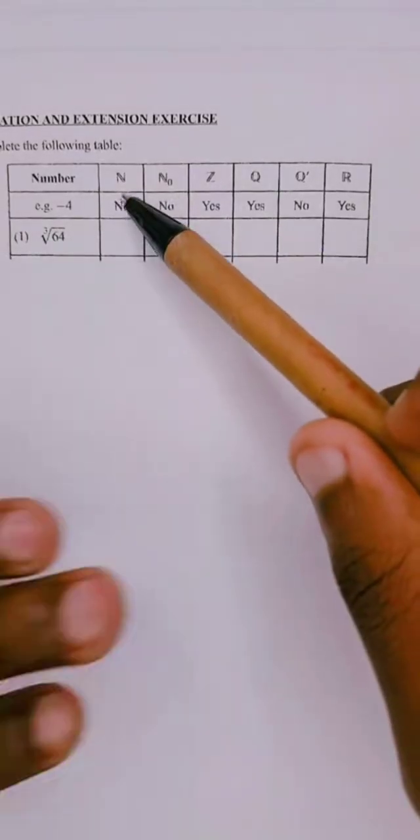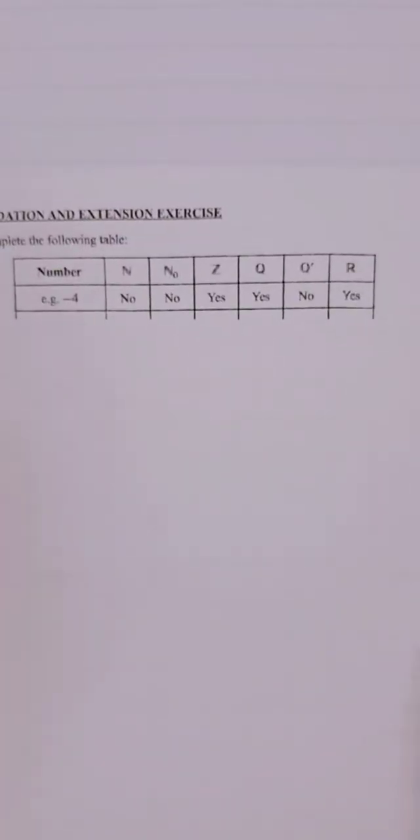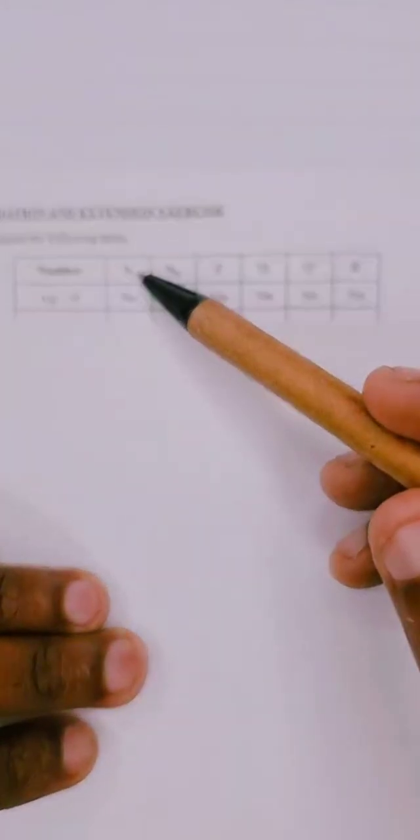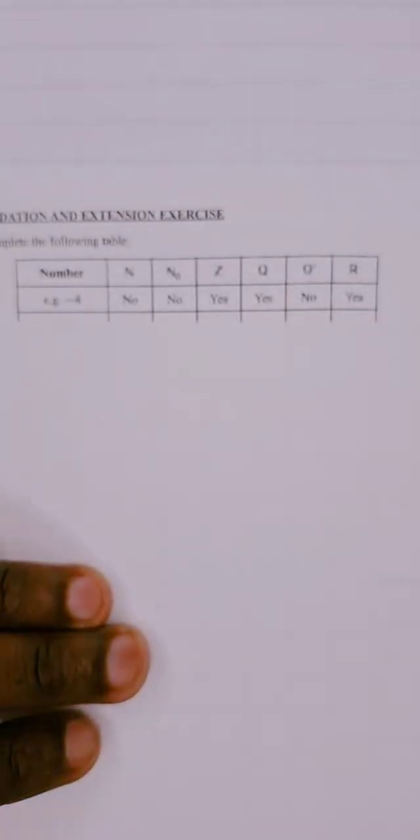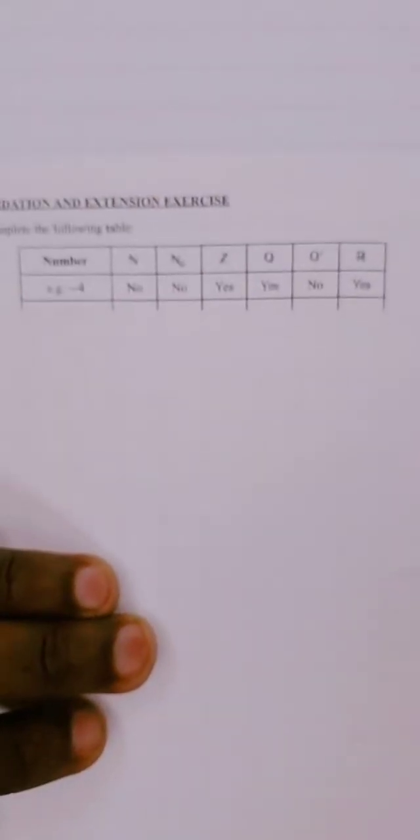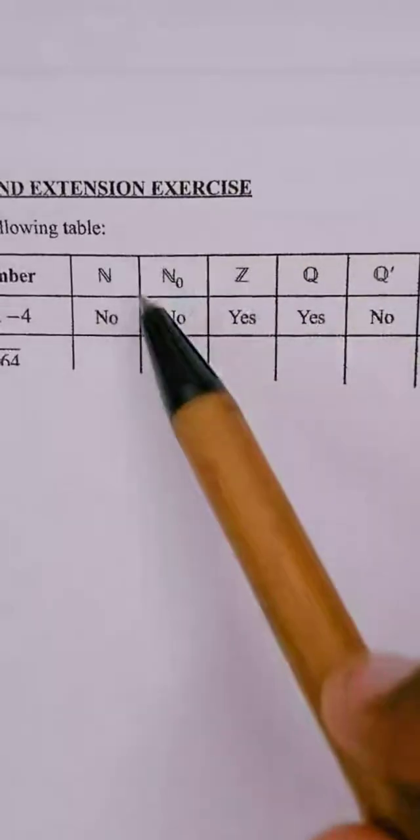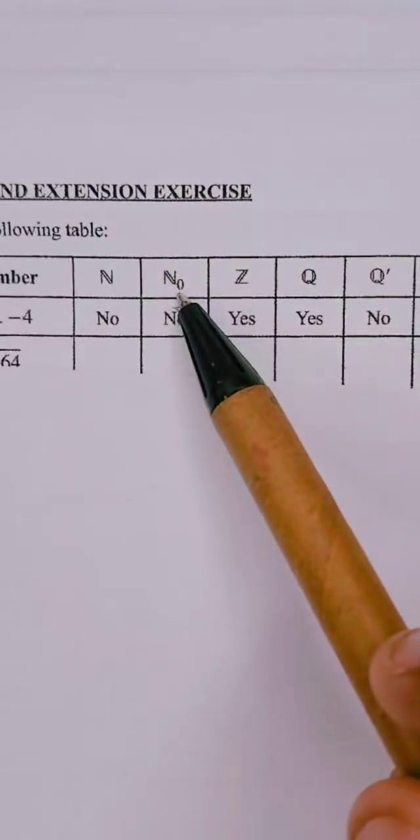So we've got natural numbers. Remember, natural numbers are numbers that start at 1 and increase by 1 all the way to infinity. That's the symbol we use for natural numbers. We have whole numbers, which start at 0 and increase by 1 to infinity.